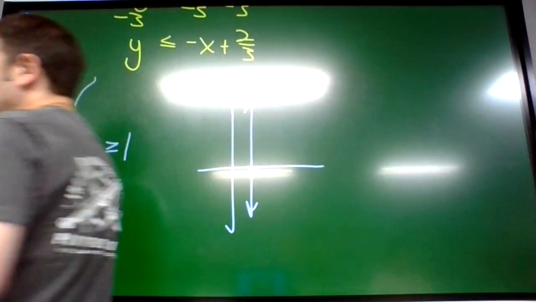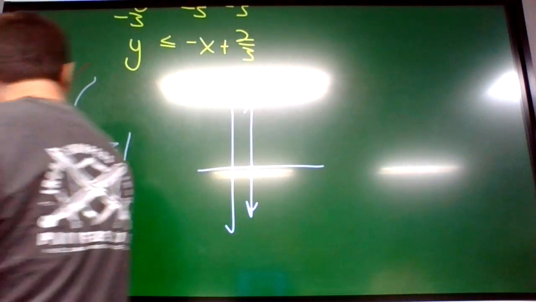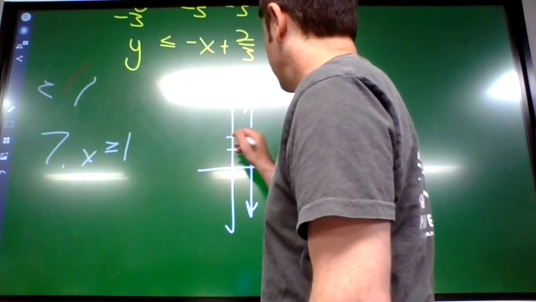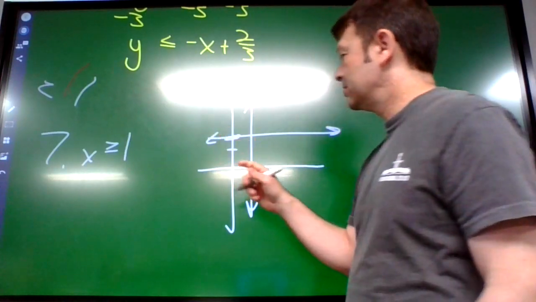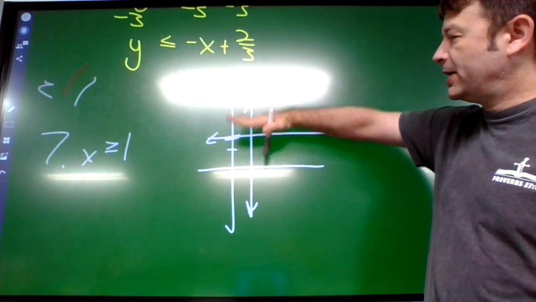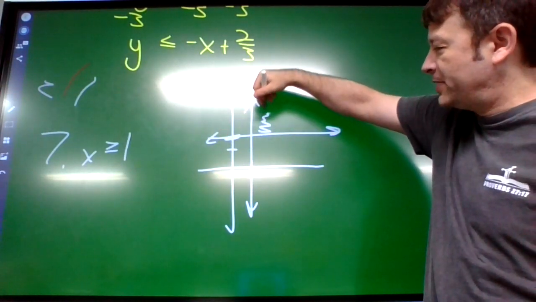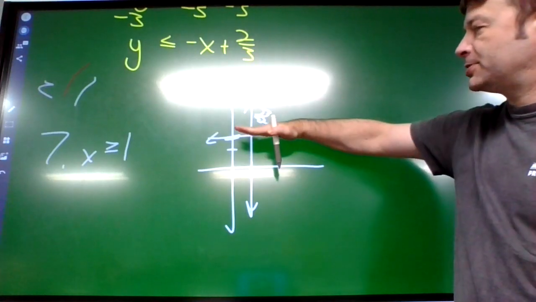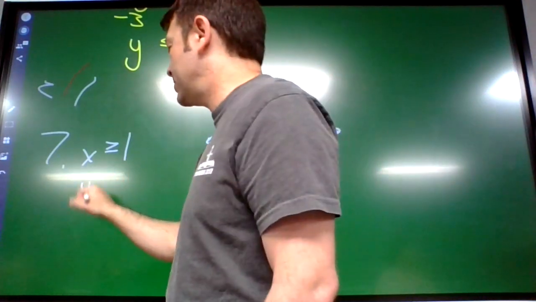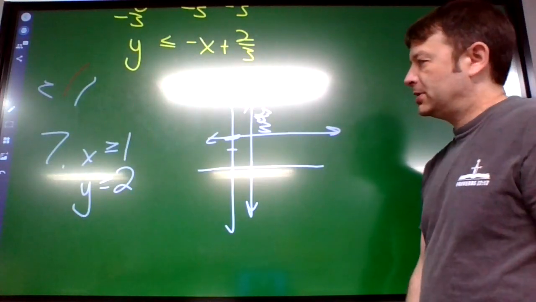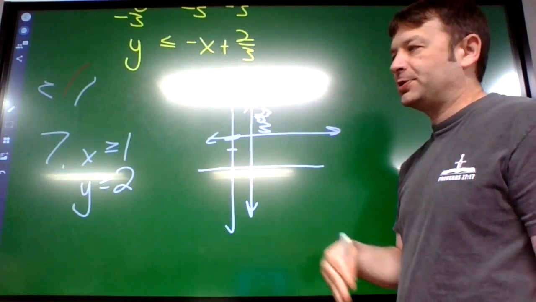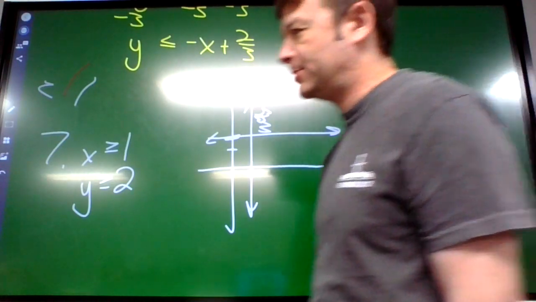And the bottom line, it's shaded above that, so this is y equals 2, so it's y is greater than or equal to 2. And then the other ones have slopes and y-intercepts, so we have to do the slope-intercept thing.